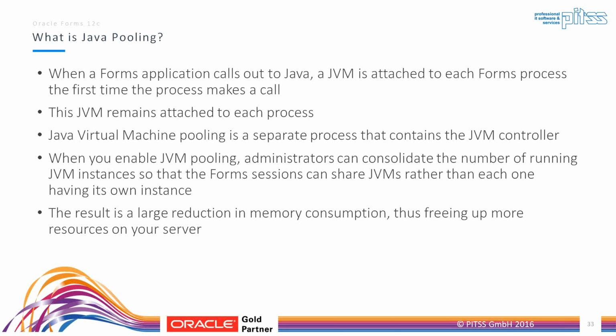When you enable JVM pooling, administrators can consolidate the number of running JVM instances so that the form sessions can share JVMs rather than each one having its own instance. So, long sentence, but I think it's clear.